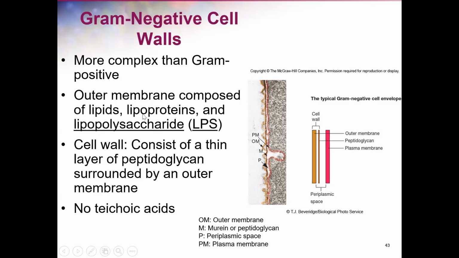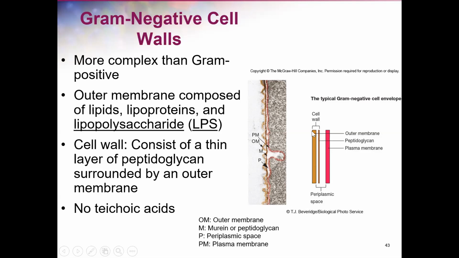Then plus some lipoprotein. You can see this is actually lipid plus protein, right? It's a kind of mixture. So that's basically the outer membrane for gram-negative. We know gram-negative bacteria have a very complicated outer membrane, right? They not only have peptidoglycan as a cell wall, they also have the outer membrane.